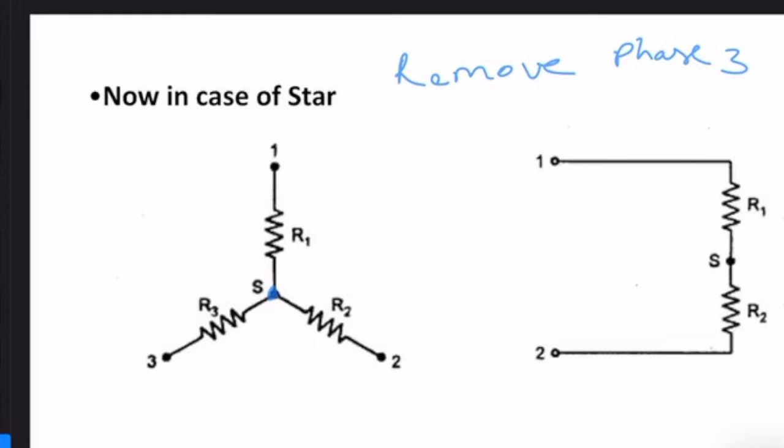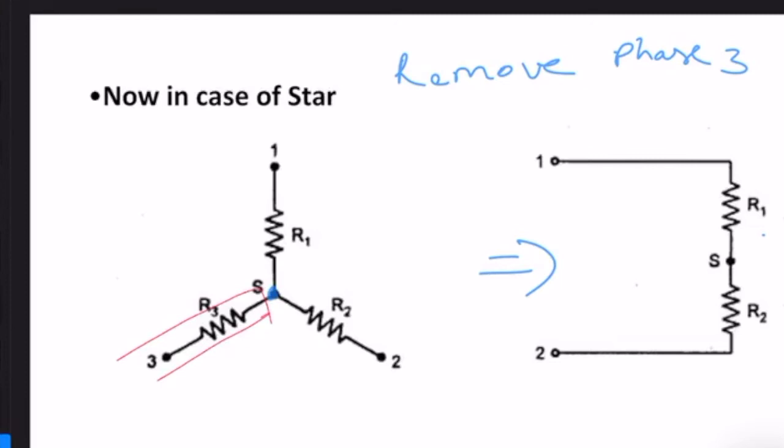Okay, if we remove phase 3, we get this equivalent circuit, and from this circuit we can easily see that R1 and R2 are in series. If we remove this part of the circuit, we will have only this part, so we will get R1 plus R2.